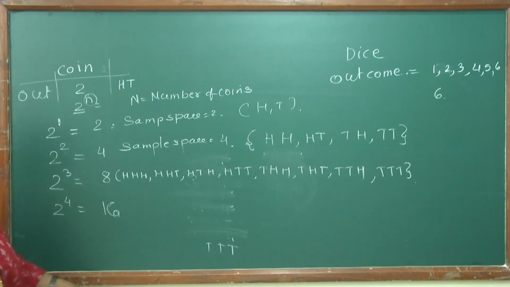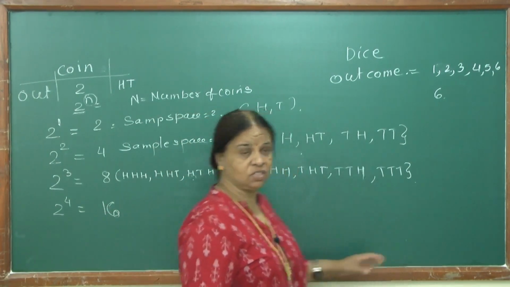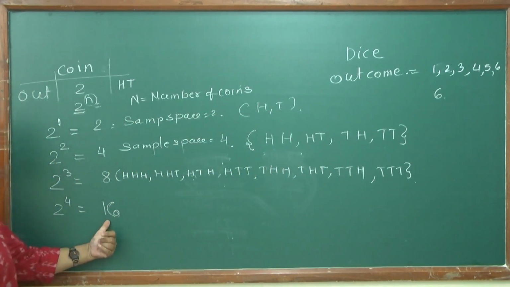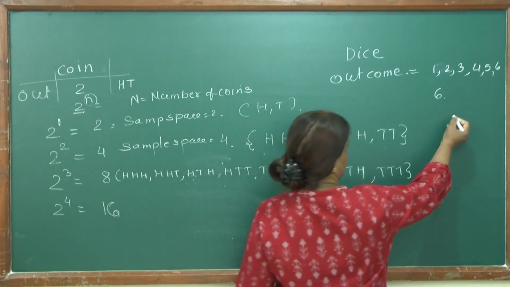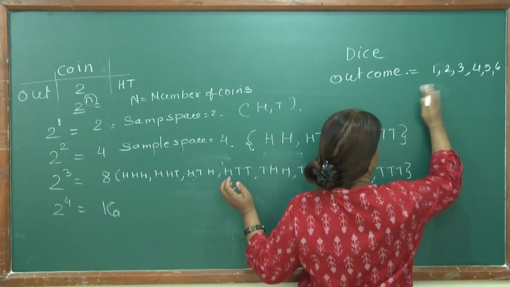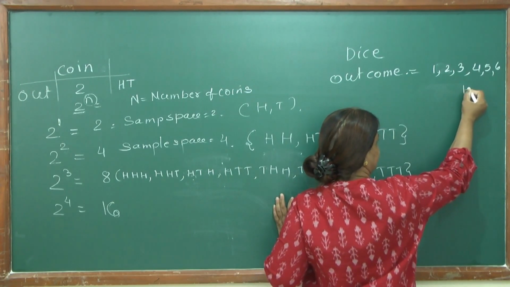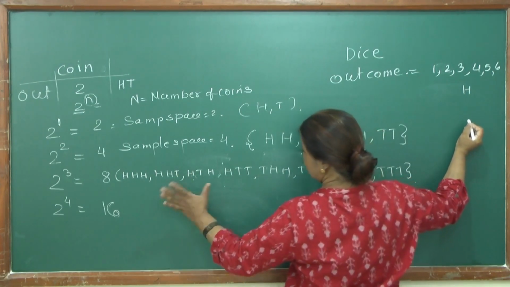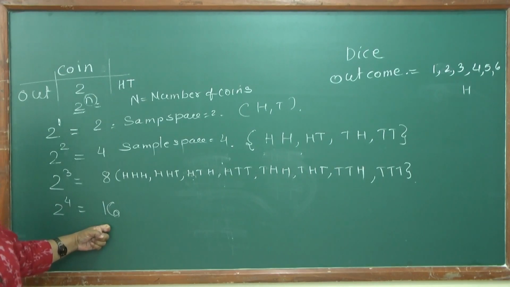Suppose 4 coins are tossed, what to do? Now if 4 coins are tossed, 16 sample space by the formula. So how will I write? 16, let me rub this, children. So H, first one time head, one time tail, for how many times? 16.